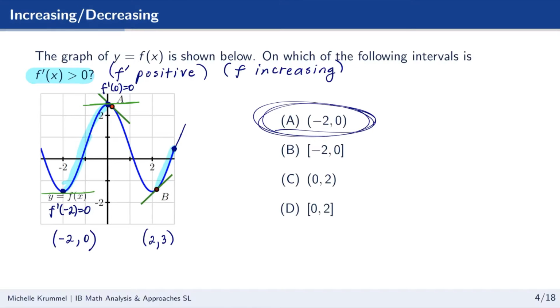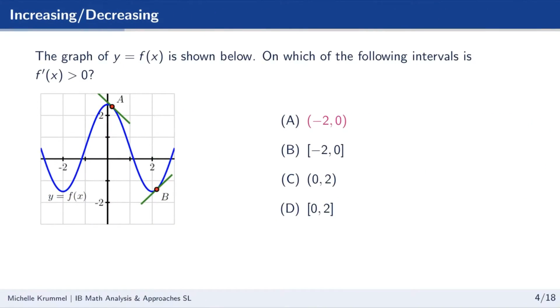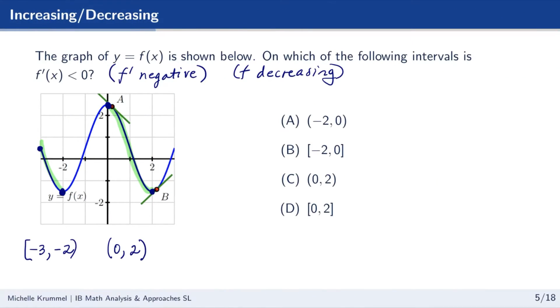So we are better off leaving it open because we don't really know for sure what happens beyond that. So let's just go with open. And the interval from -3 to -2 is not one of the answer choices, so we will go with C, the interval from 0 to 2. On the interval from 0 to 2, f is decreasing, therefore f prime is negative.